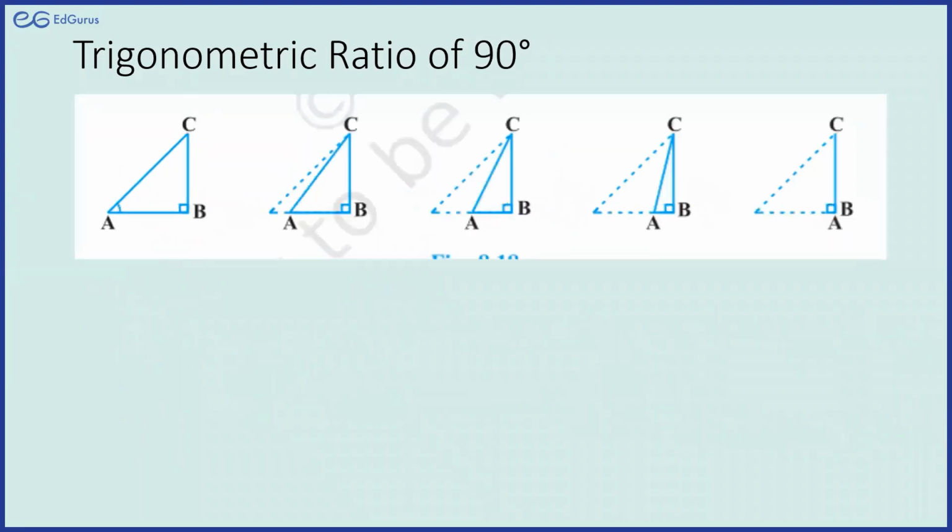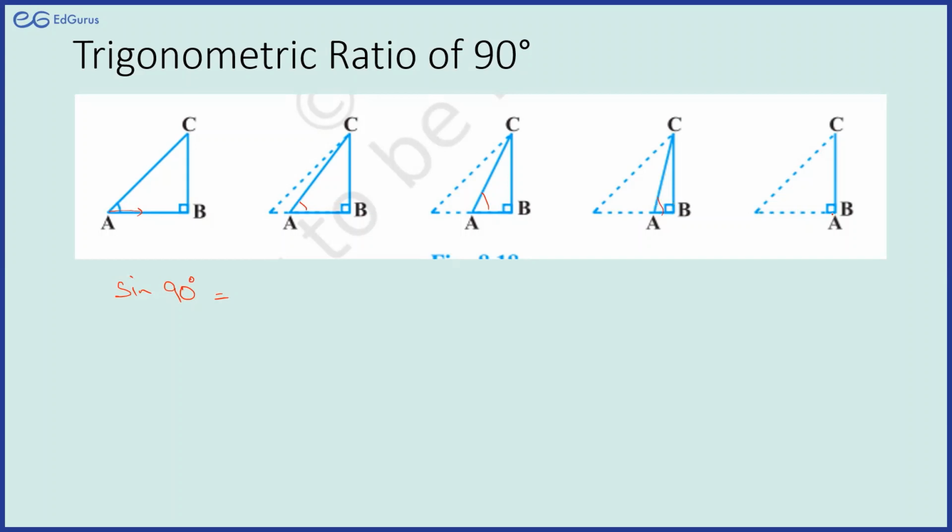Now the same thing for 90 degree. Suppose my angle A here is some angle, and now I want angle A to be 90 degree. So sine of 90 degree we are trying to figure out. If I start moving A towards B, my angle is increasing. Can you see, angle A is increasing.